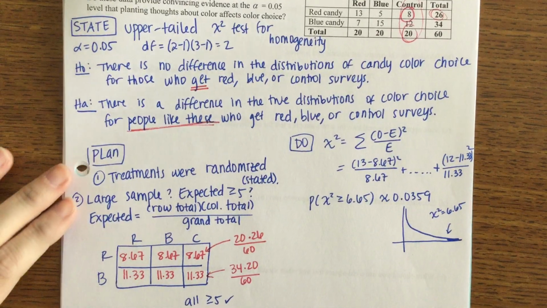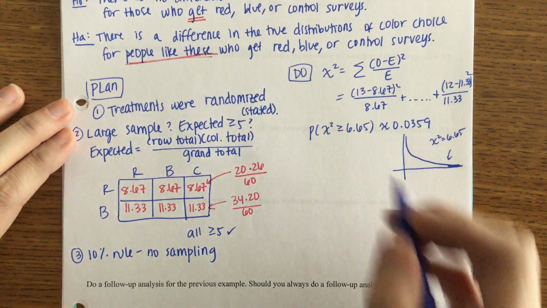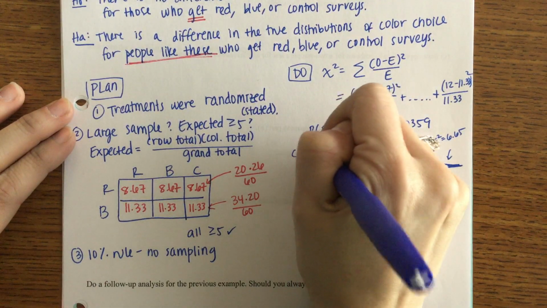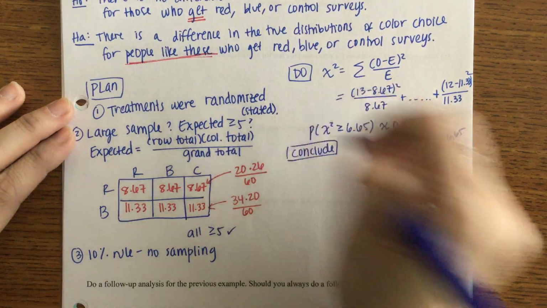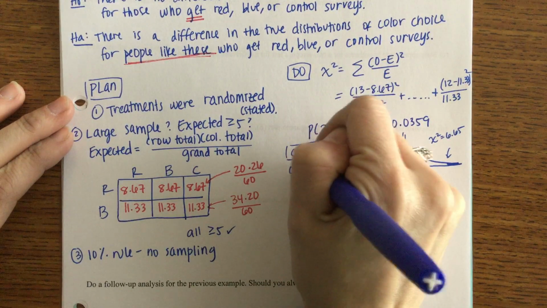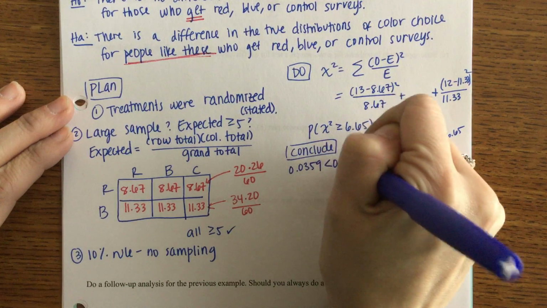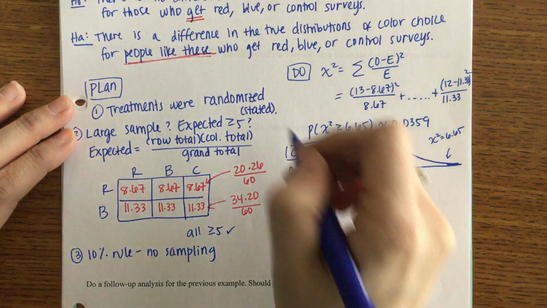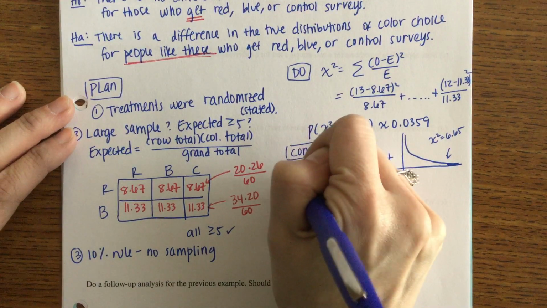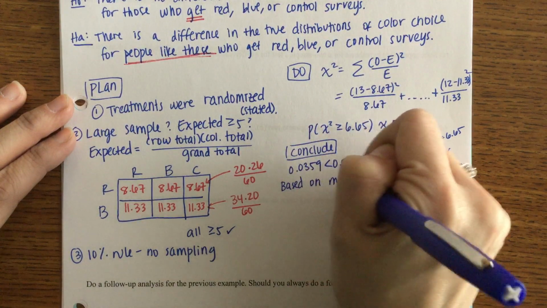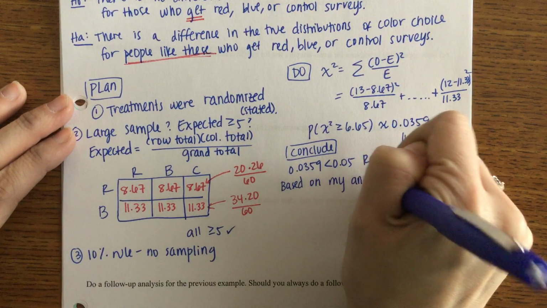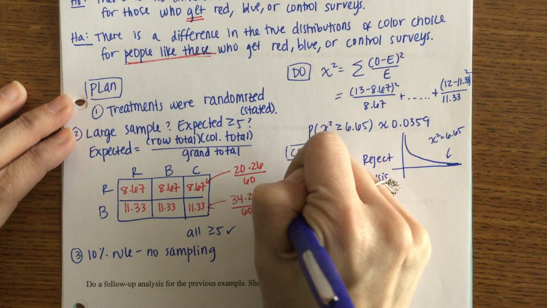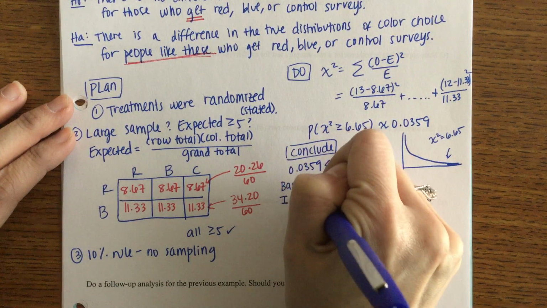No. Great. We are going to write a full conclusion since we haven't done that in a while for chi-square, at least in class. So you're going to show 0.0359 is less than 0.05. So we are going to reject. So based on my analysis, I reject the null.